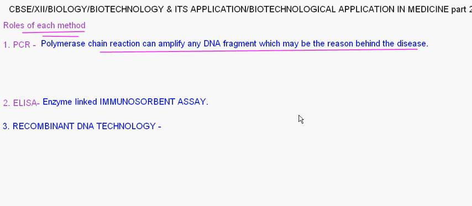Now coming to the next one, that is enzyme linked immunosorbent assay, in short ELISA. I repeat, enzyme linked immunosorbent assay, ELISA. We all know that antigens are the chemicals or the proteins produced by the pathogen, and our body produces antibodies against a specific antigen. So this principle is used in ELISA.